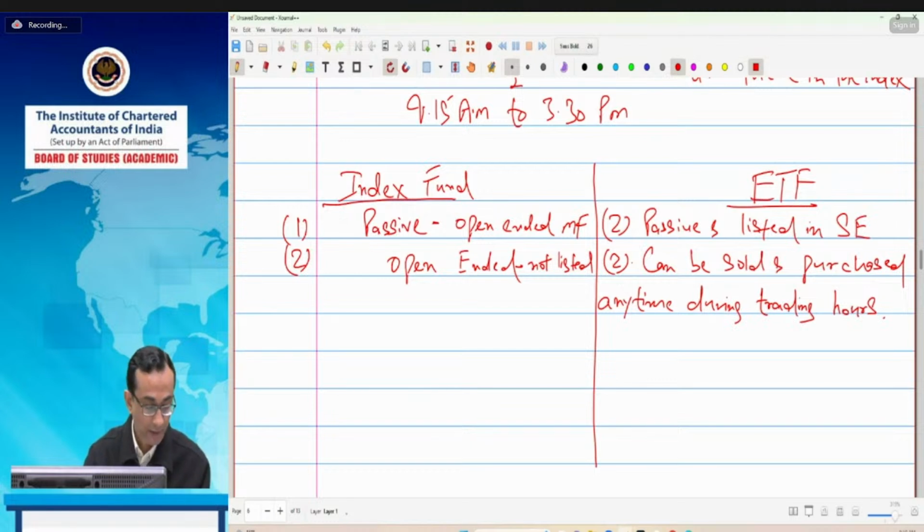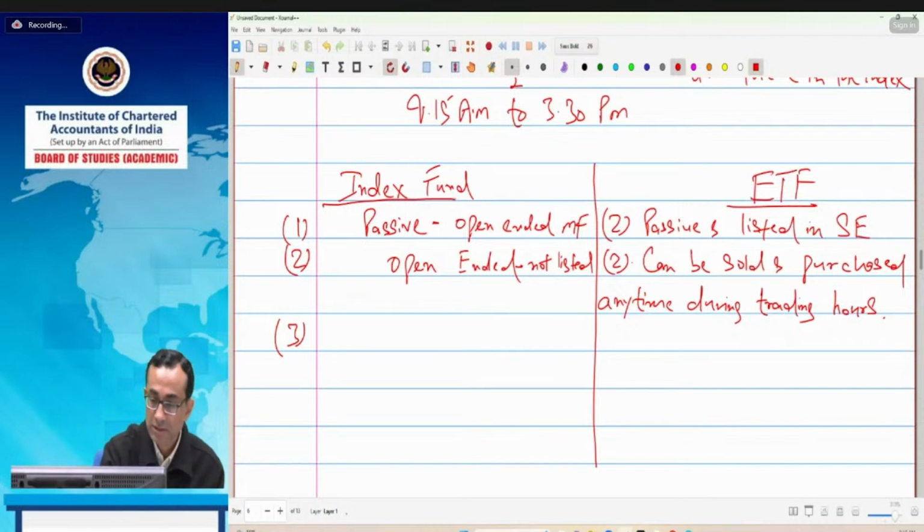I think the first two points are clear to you. An index fund is a passive, open-ended mutual fund. ETFs are passive and listed on the stock exchange, and ETFs can be sold and purchased anytime during trading hours.